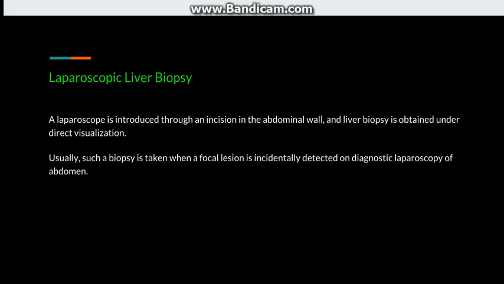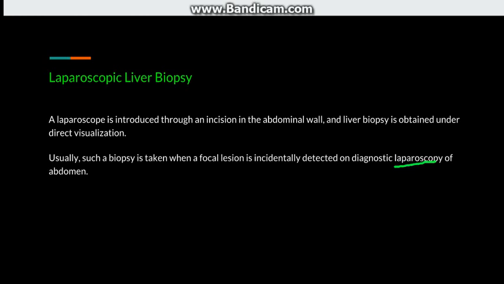And the last one is the laparoscopic liver biopsy. Now this biopsy is not usually done. It is only done if there is accidental detection of any lesion in the liver during a routine laparoscopy of the abdomen.